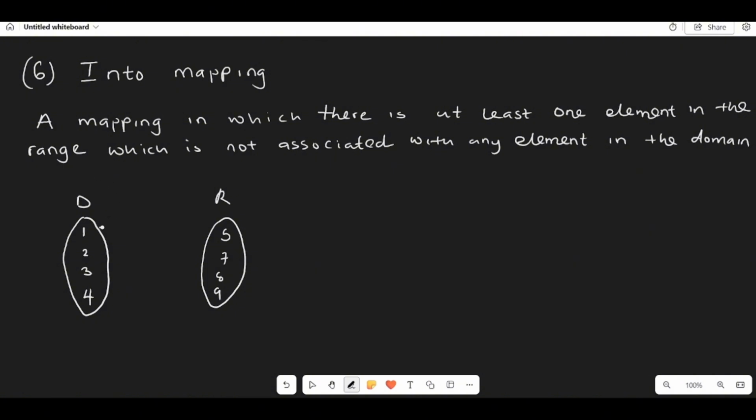Now 1 is mapped with 5, 2 is mapped with 7, 3 is mapped with 8, and 4 is also mapped with 8. So this example is into mapping because there is an element in the range that is not associated with any element in the domain.